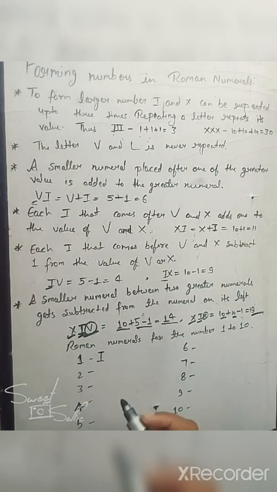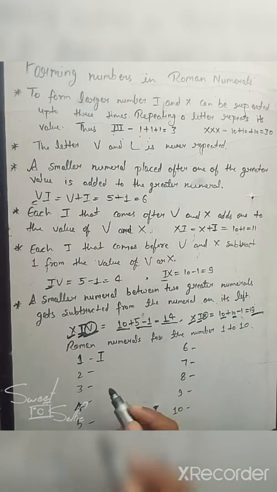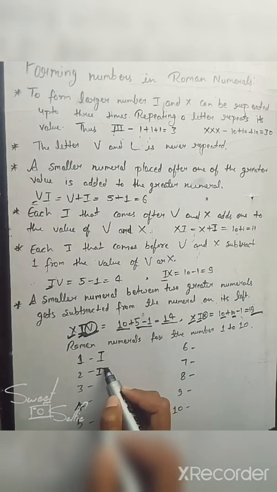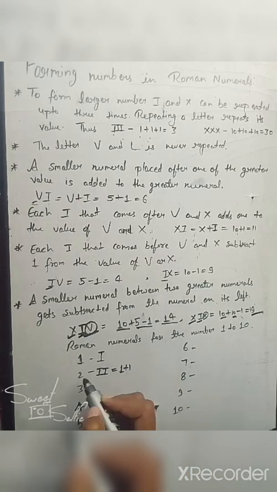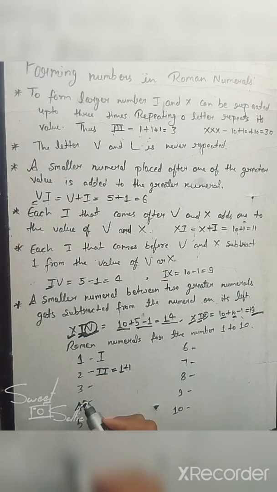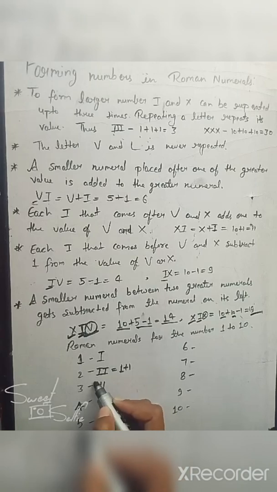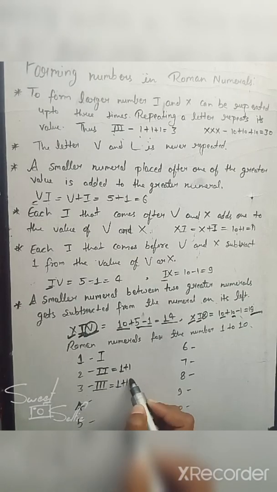This is I. And for 2 we know we can repeat I up to 3 times. So for 2 we can write I and I, means 1 plus 1 is equal to 2. And for 3 we can write I up to 3 times. So 1, 2 and 3. Okay. Means 1 plus 1 plus 1.